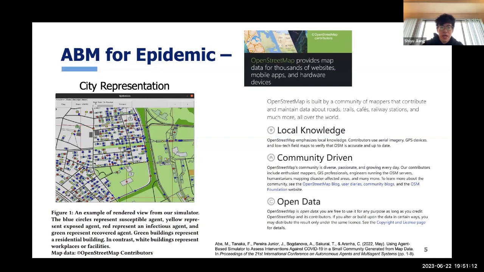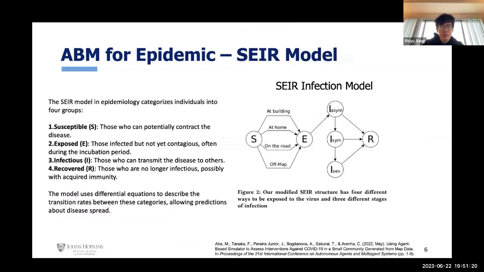So we recorded everything. So in that case, we can reverse back to visualize the information after we got the simulation data. And this is the infection model, which is a very classic infection model called SEIR. This model has 4 stages: susceptible, exposed, infectious, and recovered.